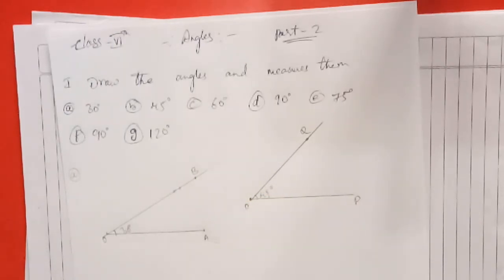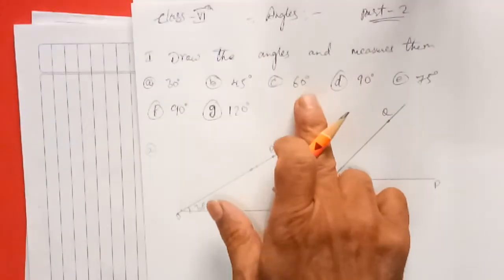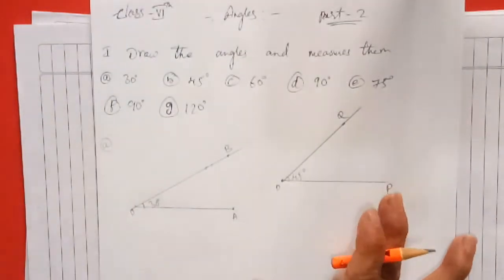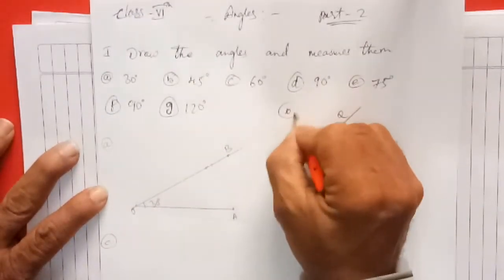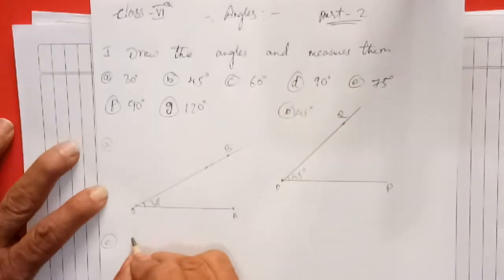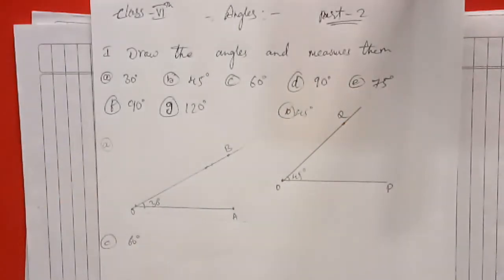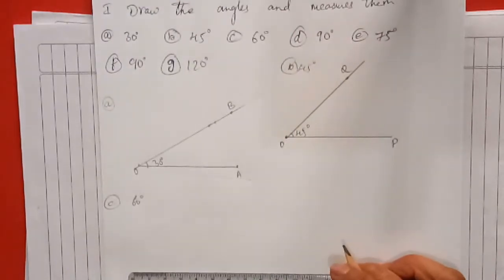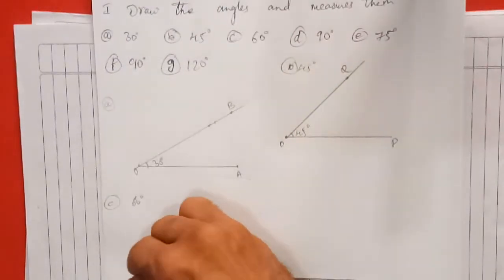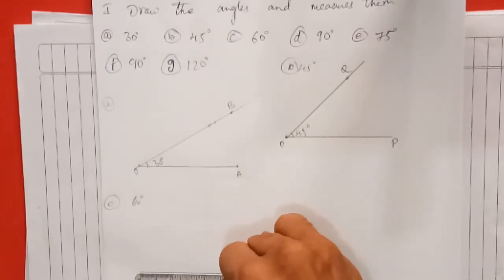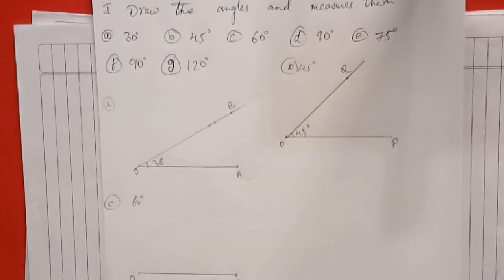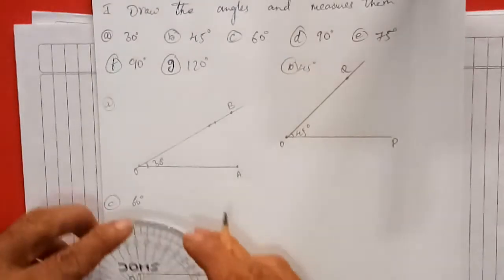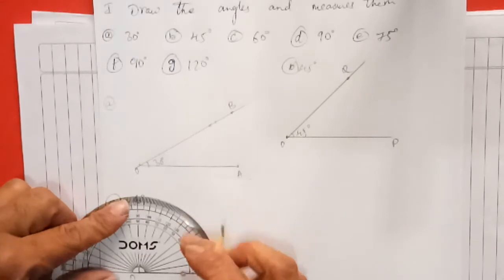Understood? We can write. After that, 60 degree we have to draw. C1 is 60 degree. So this is B1, that is 45 degree, and C1 is 60 degree that we have to draw. Just similarly we draw a baseline, 5 to 6 centimeter, no problem. I will draw 6 centimeter only, a little lengthy, enough. This is O, and I will put the point M. After that, I will keep the protractor on the 0, with the baseline lying on the line.